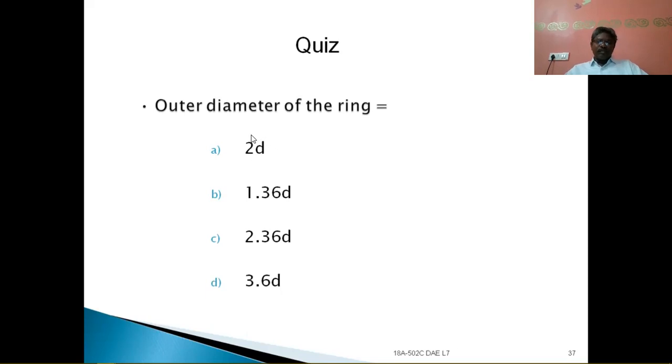Generally 2D is not the right answer because it is the inner diameter of the ring of an eye bolt. This is the neck diameter, and this is not correct, which is not there in the proportions. And this will be the right answer. D will be the right answer as per my concern, right? So D is the right answer.